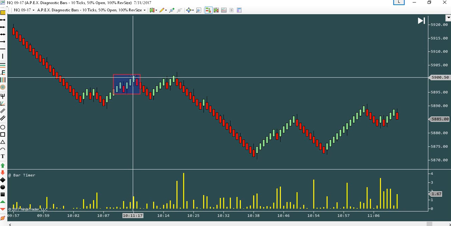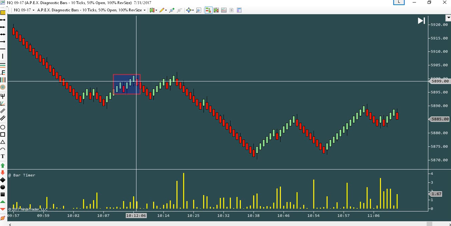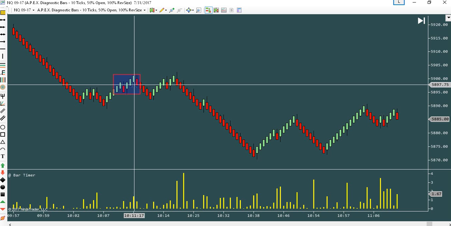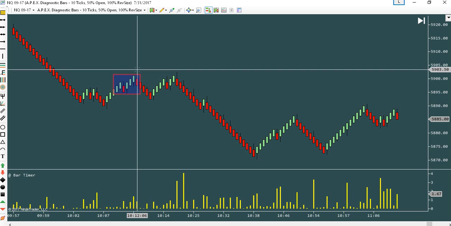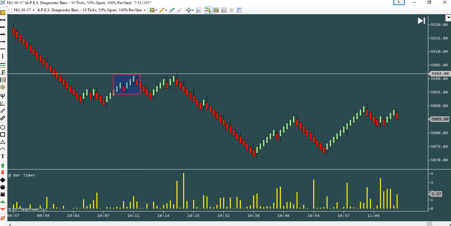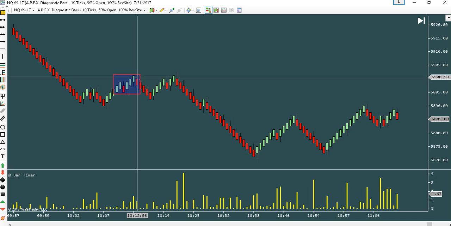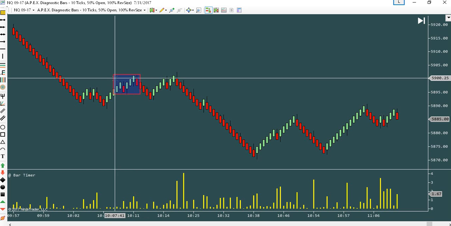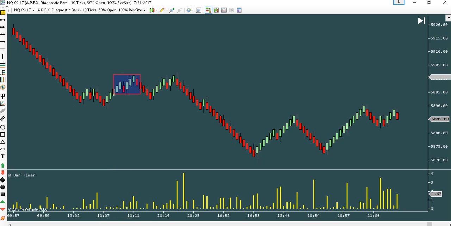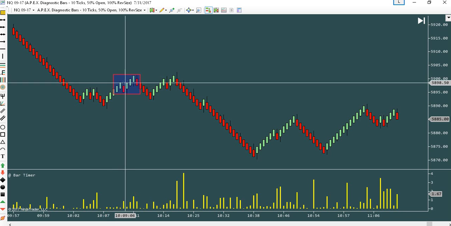But then couldn't go up any further. It pulled back, made this other big wick, back and forth, finally went up to make a new up closed bar, but went up a little bit, came down, came up, closed down. All within here, from 10:07 to 10:12, that's only 5 minutes, but the market was just hesitating there.